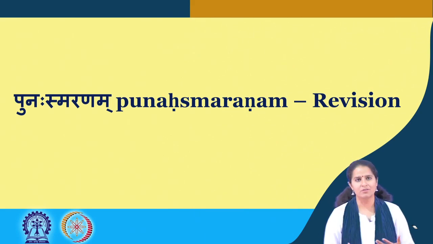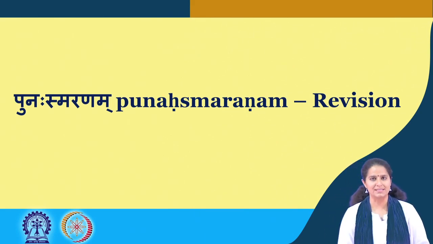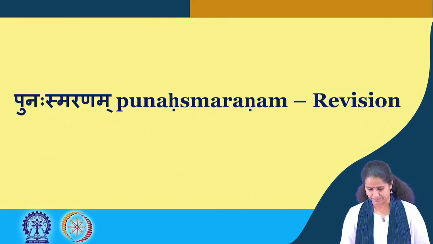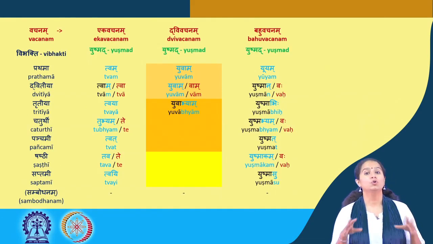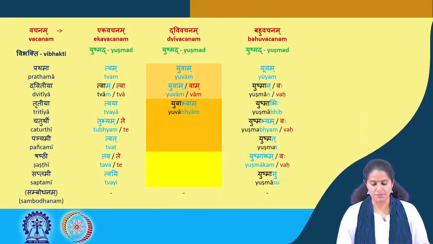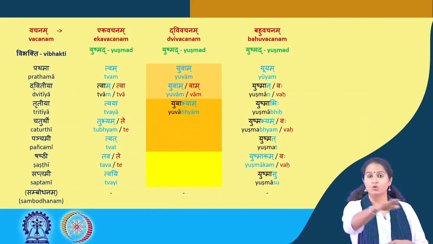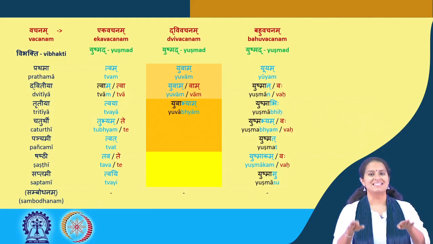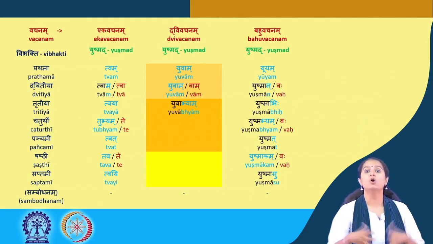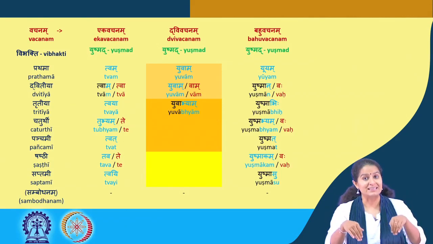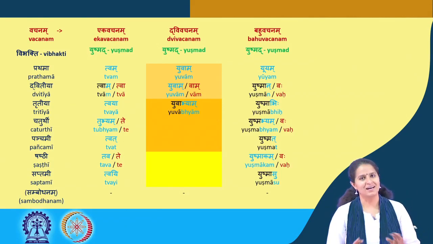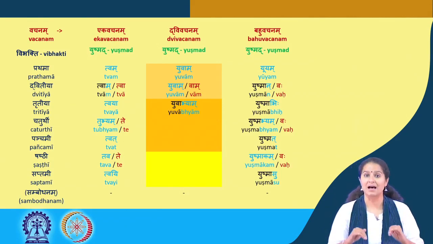So let's do a quick revision of what we have looked at thus far in the previous lesson. We were looking at the dual forms. So Yuvam, the two of you. Yuvam sthaha. Yuvam kutra sthaha. Yuvam Sanskrita varge sthaha.